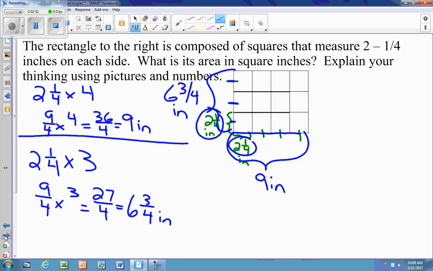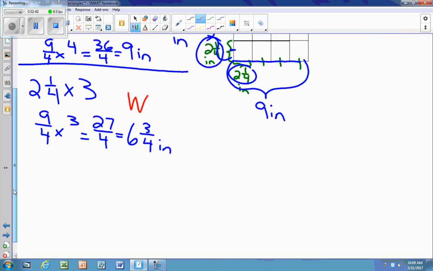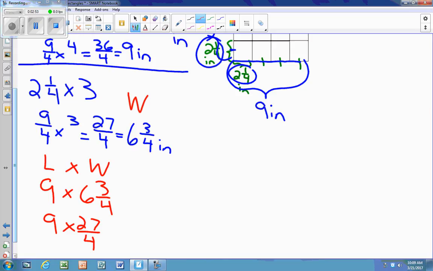Now I want to figure out how to find the area. Well, I have my length and my width. So to figure out my area, I multiply my length times my width, which is 9 times 6 3/4, which would be 9 times 27 over 4, because I turn it into an improper fraction.